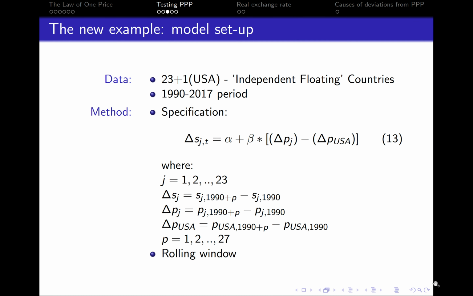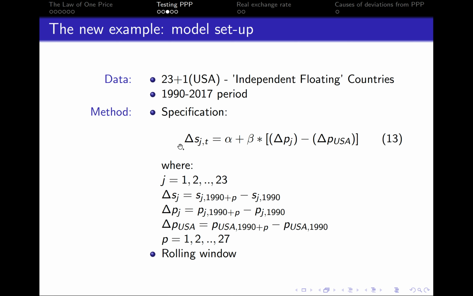Okay, so what is the specification I've been estimating? Look, it's very similar to the one that you saw in the previous part made by the author of the book.